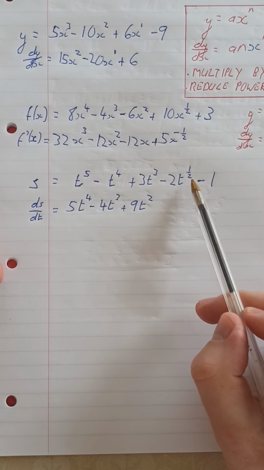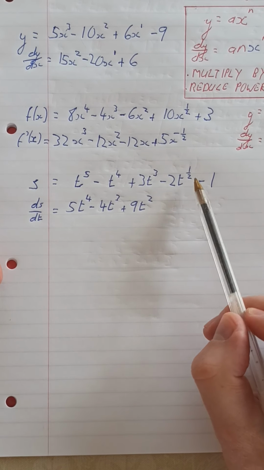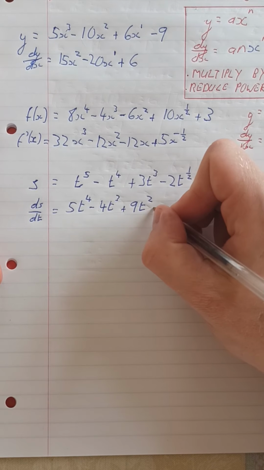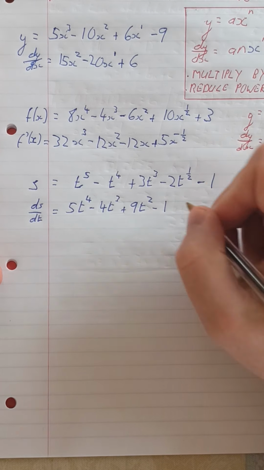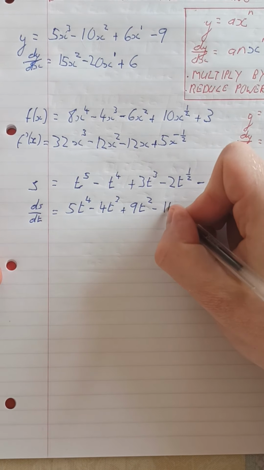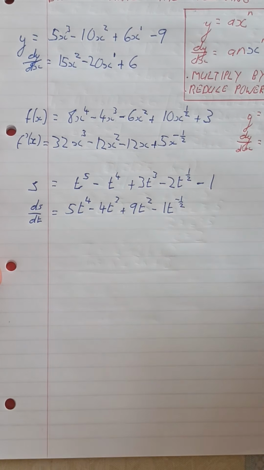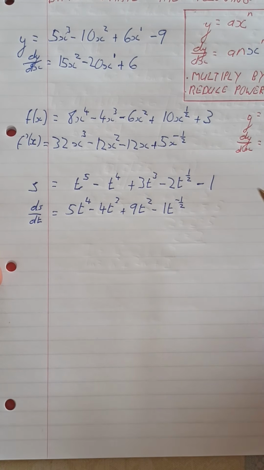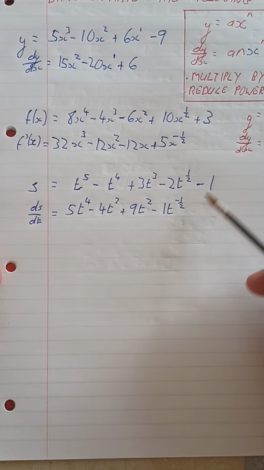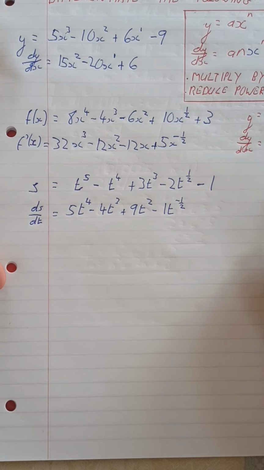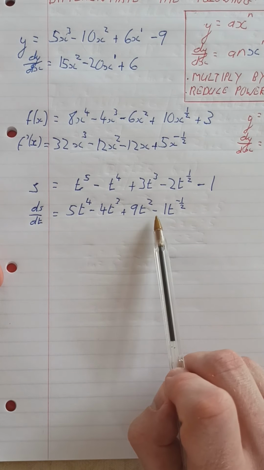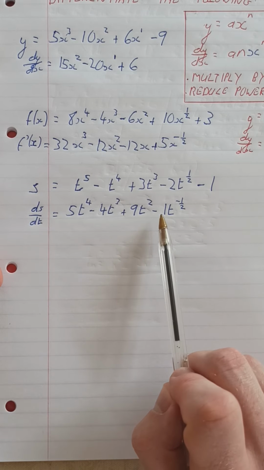Here now again, remember, multiply by the power, so a half times minus 2 would get us minus 1, and then we'll have t then to the power of a minus a half. The minus 1, that'll just disappear. So here, rather than writing minus 1t, we never really write 1x or 1y.